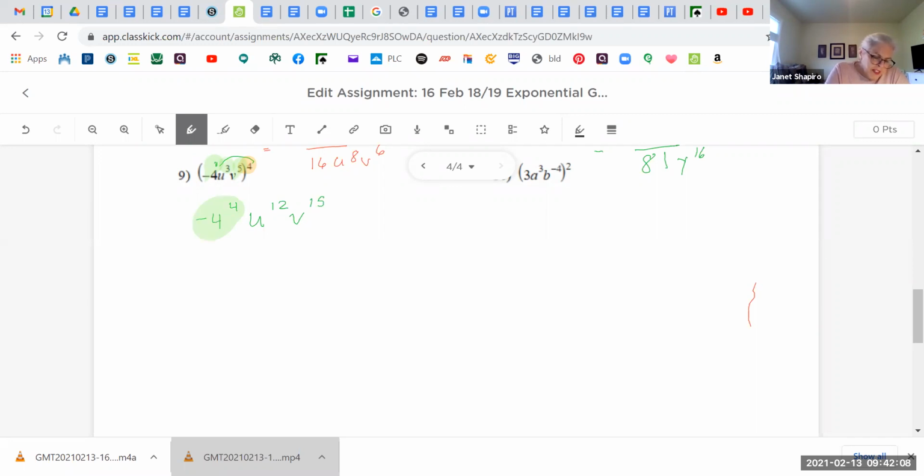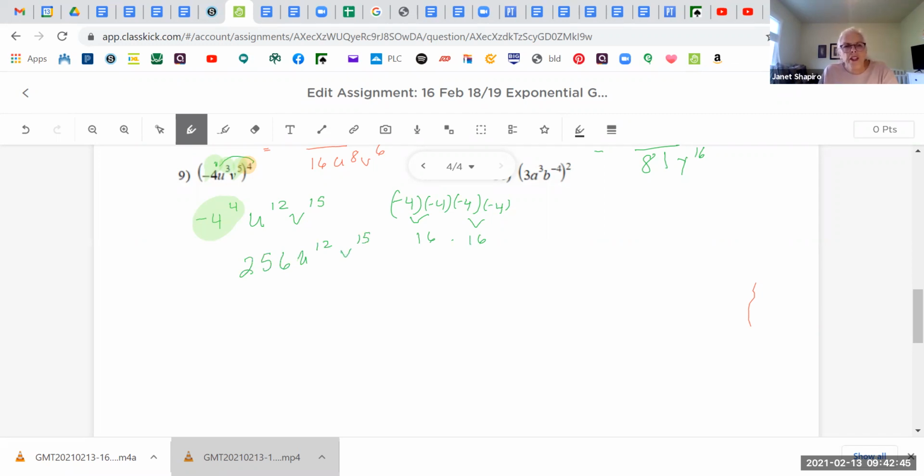So that's -4 times -4 times -4 times -4. So that is 16 times 16, which I have no clue, so I need to use my calculator. 16 times 16 is 256. So it's positive 256, u to the 12th, v to the 15th.